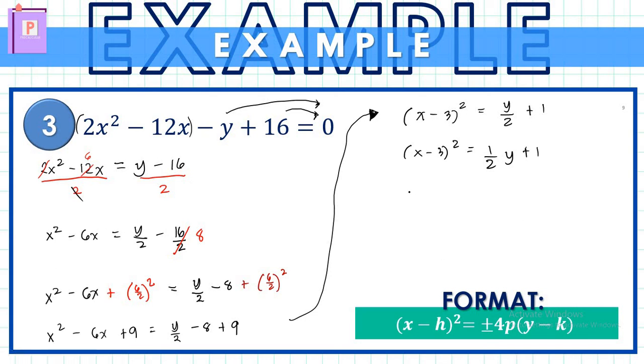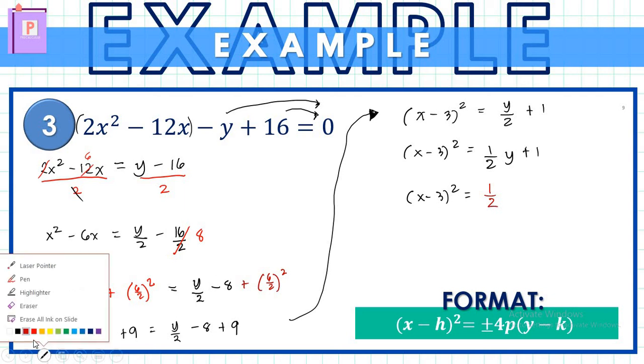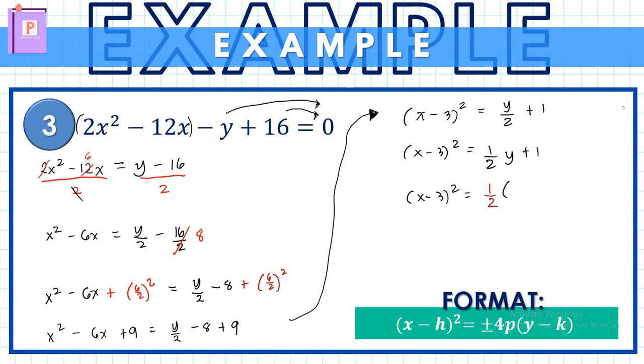So the equation will now be on the left-hand side, x minus 3 squared, and on the right-hand side, we need to factor out 1/2, so that what's left inside should be quantity y, and what will we multiply to 1/2 to get positive 1? That will be plus 2. So this is now the standard form given the general form.